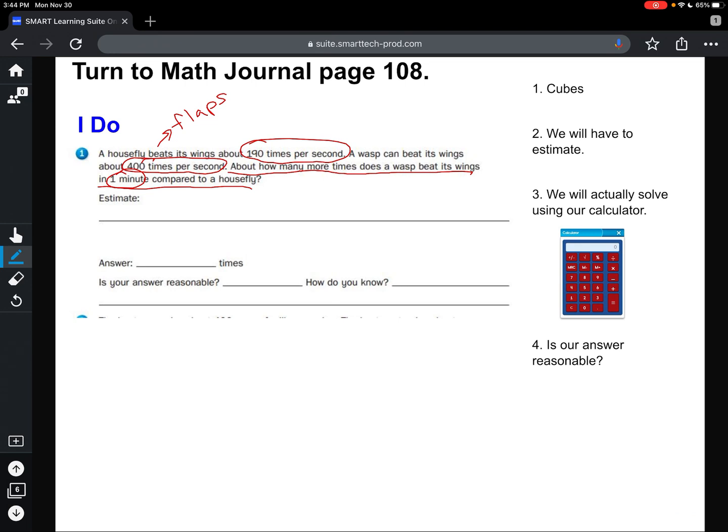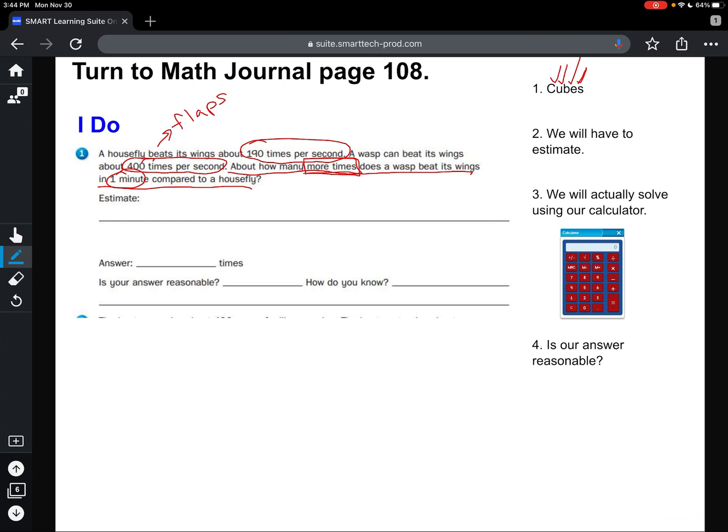My action words here are how many more times. Because when I'm on my cubes, I circled my numbers, I underlined my question, I boxed my action words. I'm evaluating right now, and then I'll solve.